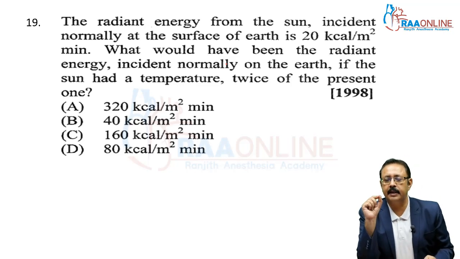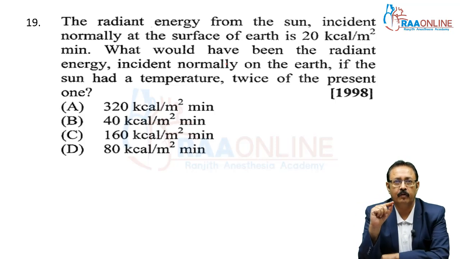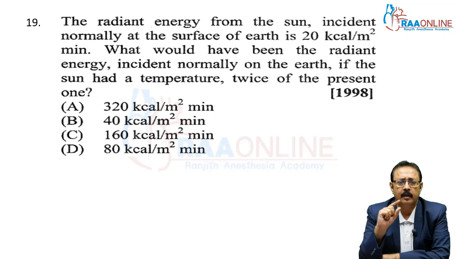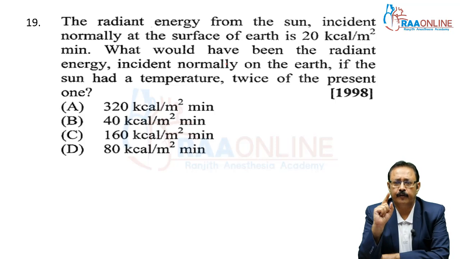Next is from 1998 AIPMT. What is the problem? The radiant energy from the sun incident normally at the surface of earth is 20 kilocalorie per meter square minute.